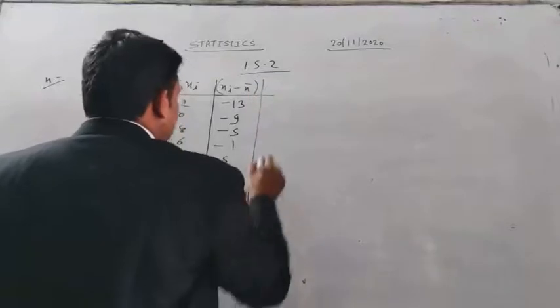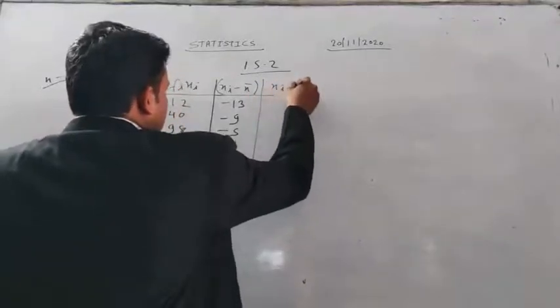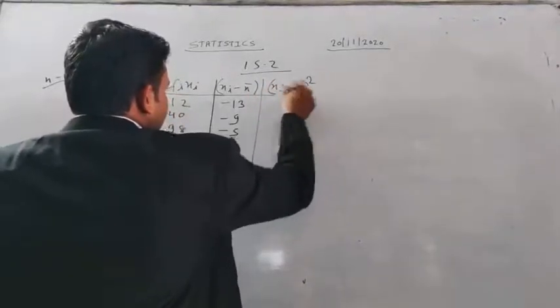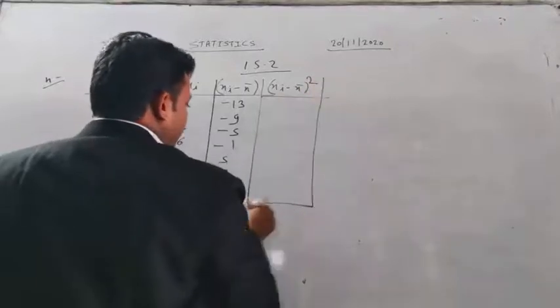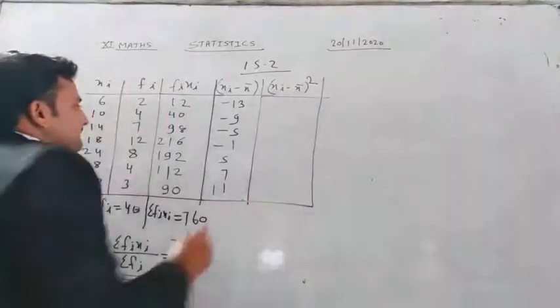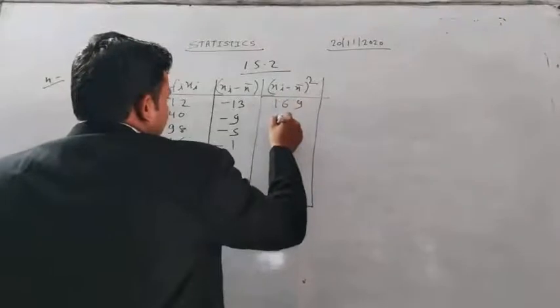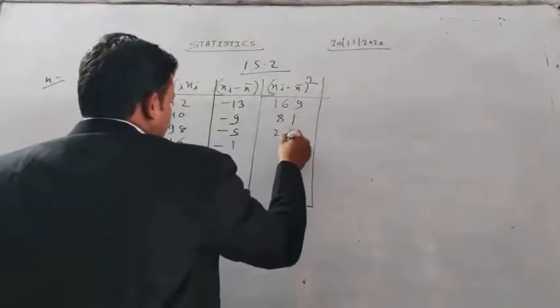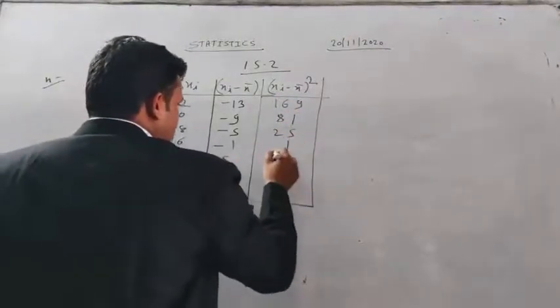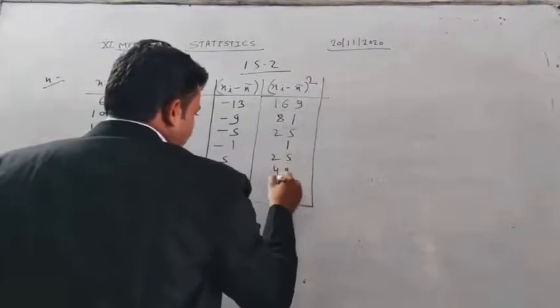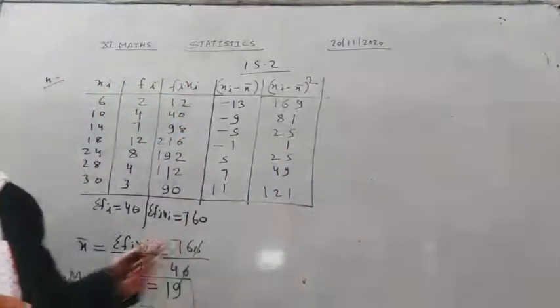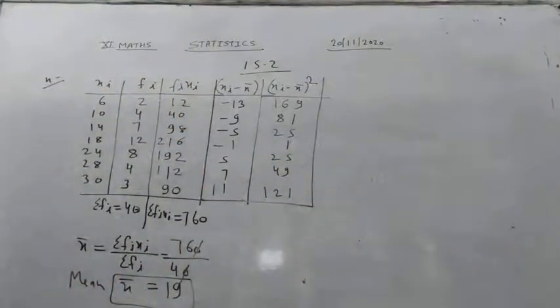Now we will find the square of this xi minus x bar. So we get 169, 81, 25, 1, 25, 49 and 121. This is the square. Okay.